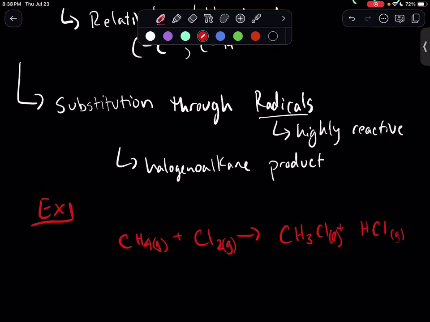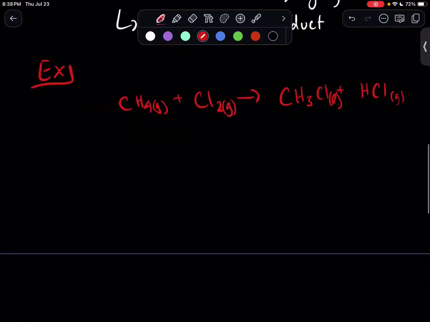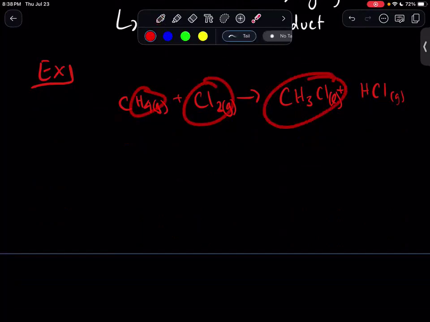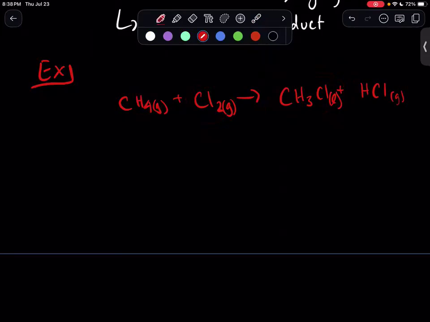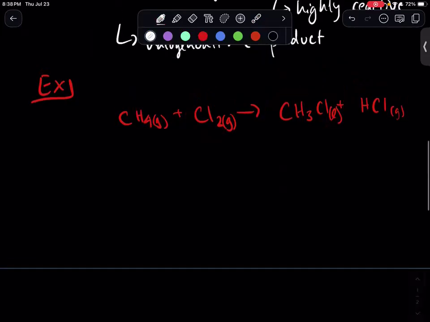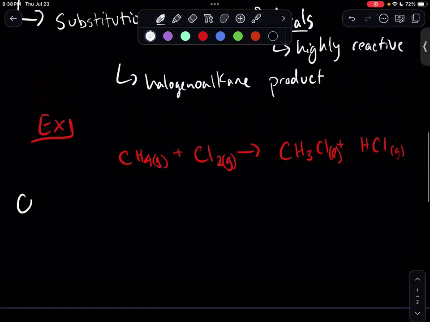And so this is a reaction that we might end up forming at the end of this section. And we can see that we have substituted one of the hydrogens in methane with a chlorine to make that chloromethane. This is where we get the name substitution. This usually occurs in 3 steps.